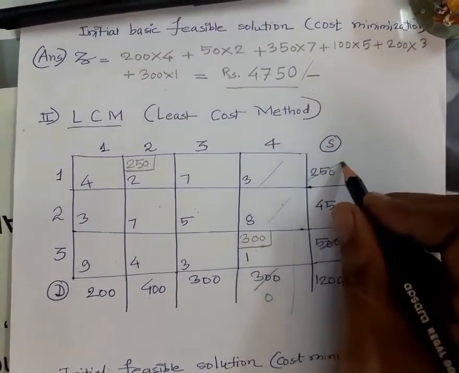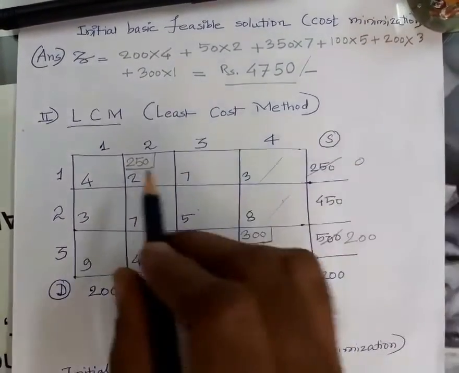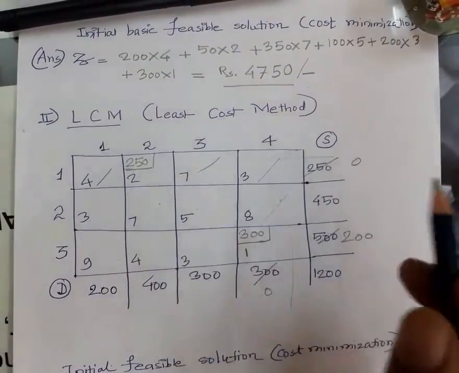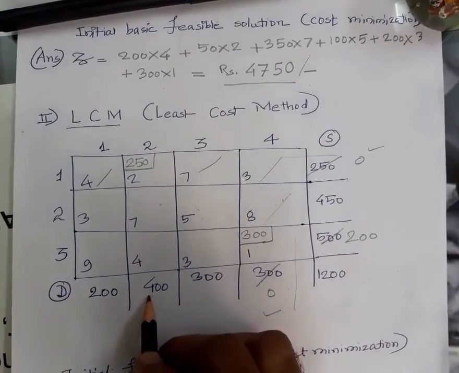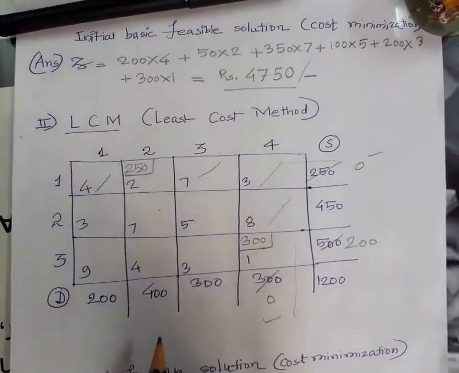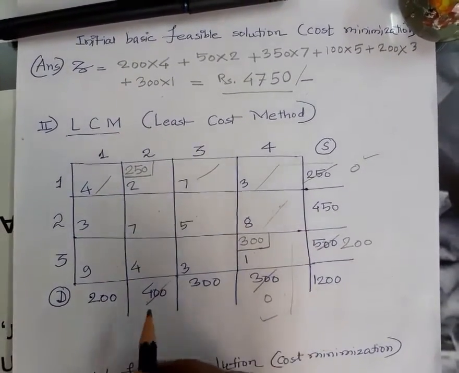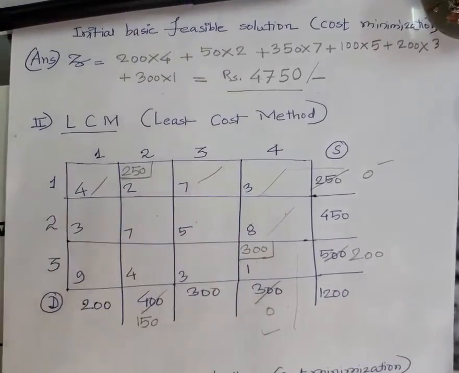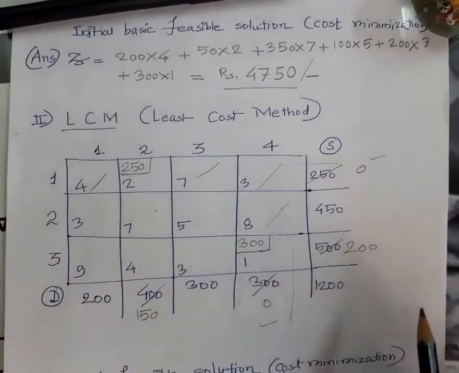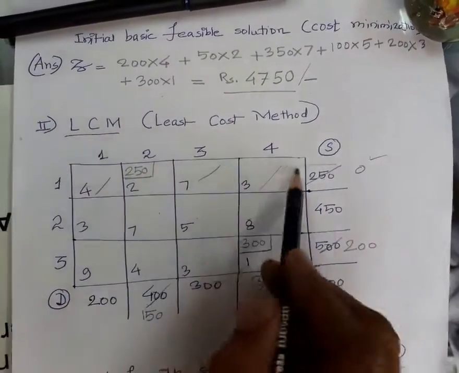Now after this allocation, this will become 0. Okay, this cell is also exhausted. Now 400 minus 250, this will be how much? 150. Okay, now this is also covered.